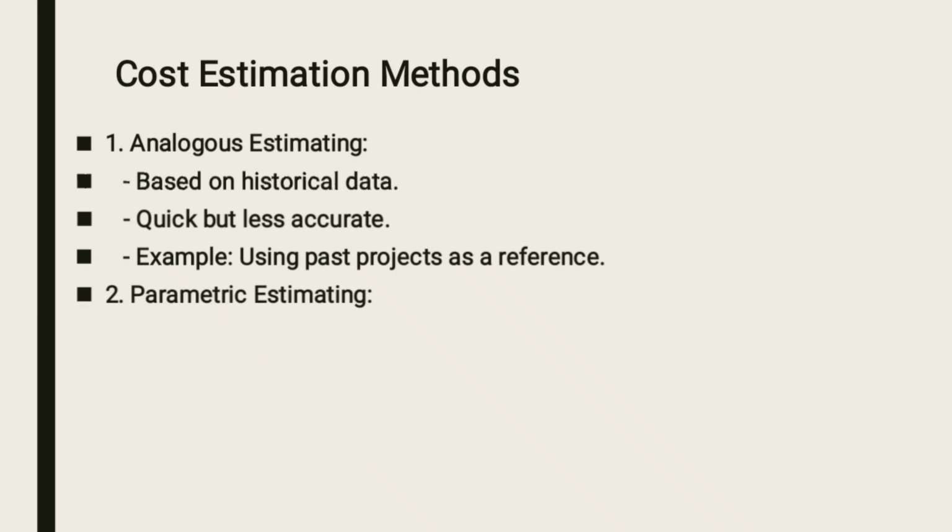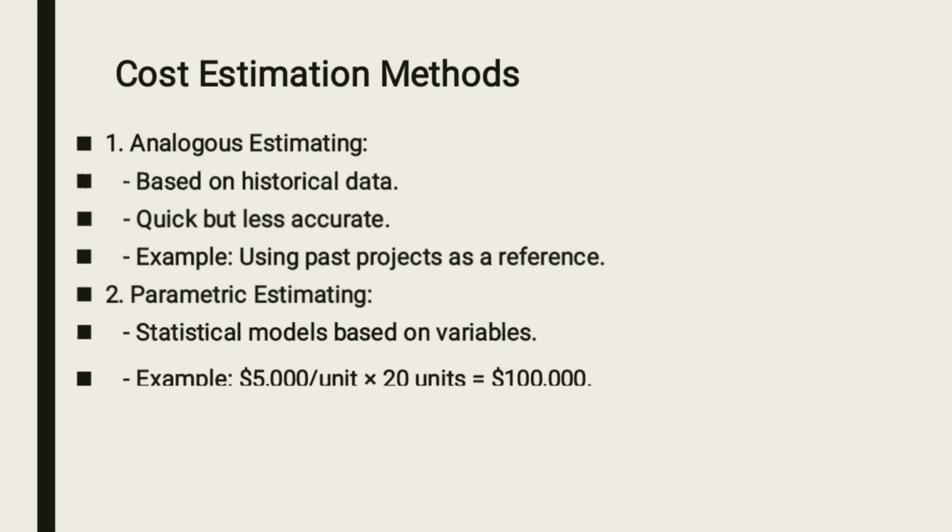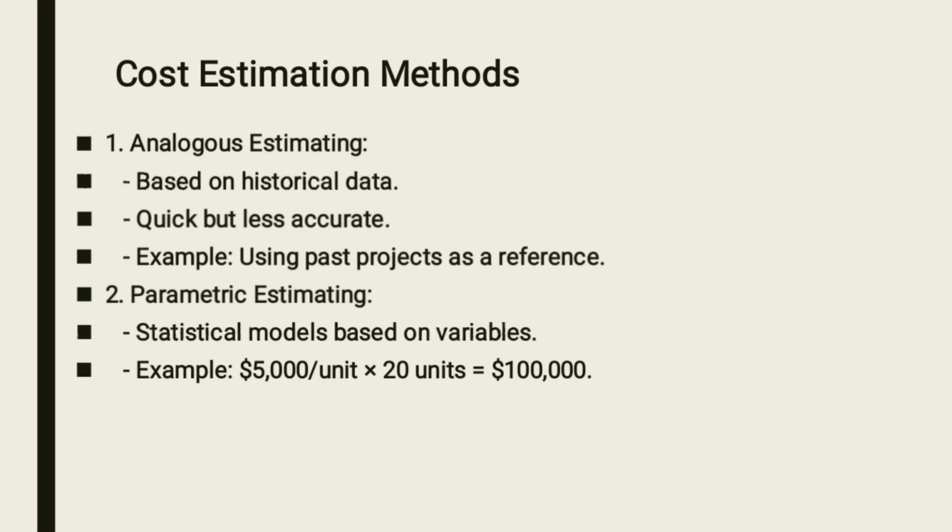Number two cost estimation method is parametric estimation. On parametric estimation, you are using statistical models based on variables. For example, you want to build houses or units.